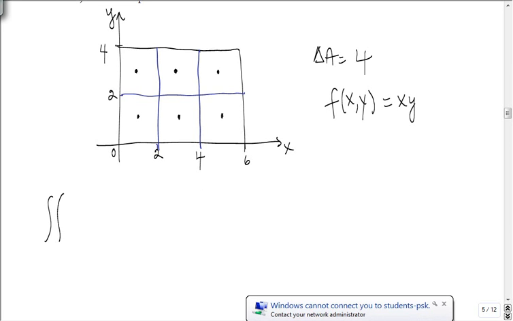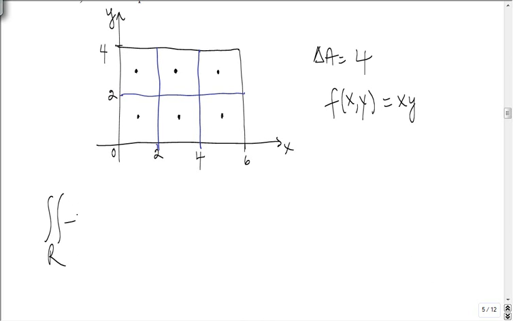So the double integral over R of f of xy dA is approximately equal to, we want to sum up f of all of these points. So f of, what is this first one here? 1, 1. The one next to it is what? 3, 1.